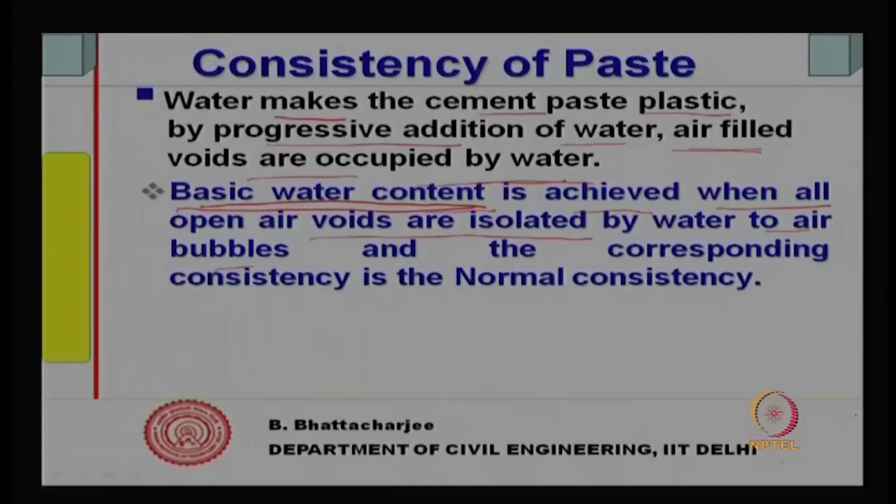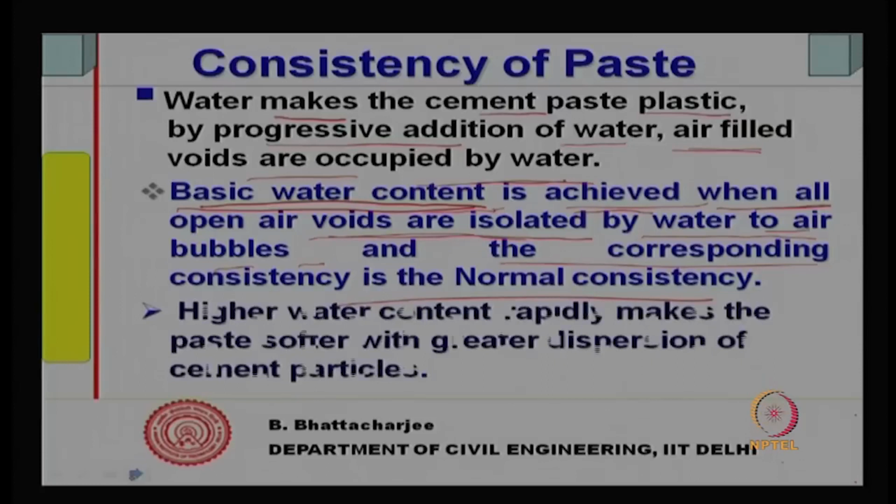Earlier they were all connected, but they will become isolated. The amount of water that is required to arrive at that condition, we call it basic water content, achieved when all open air voids are isolated by water into air bubbles, and the corresponding consistency is normal consistency.